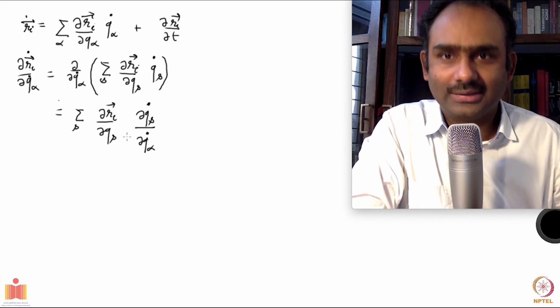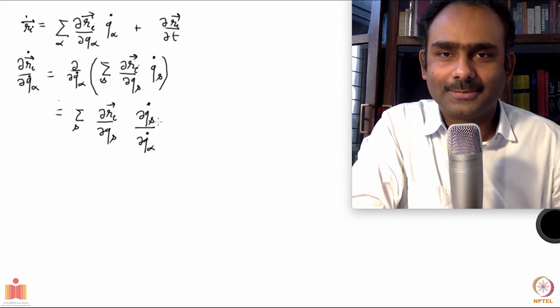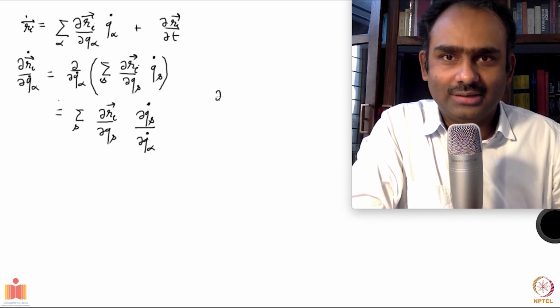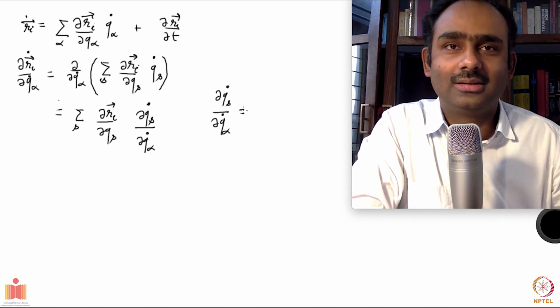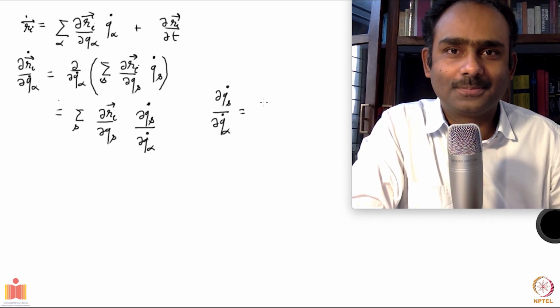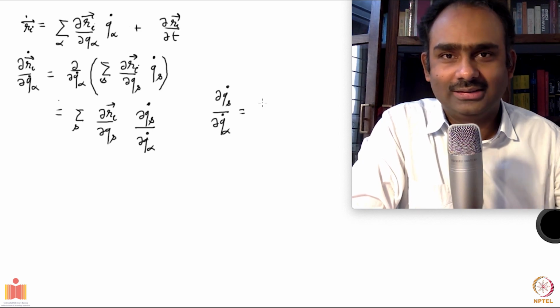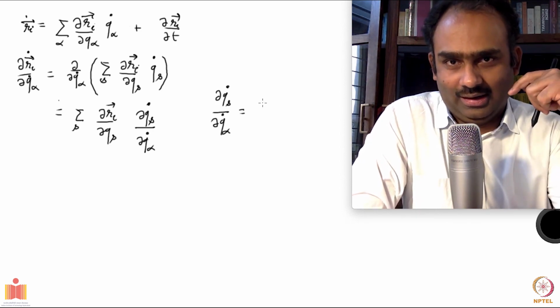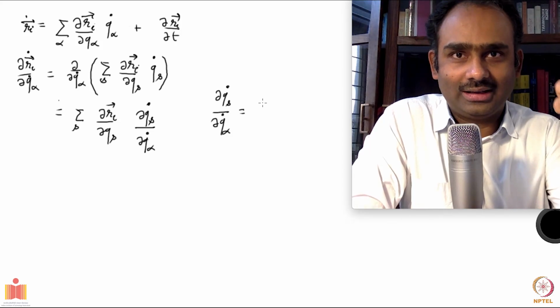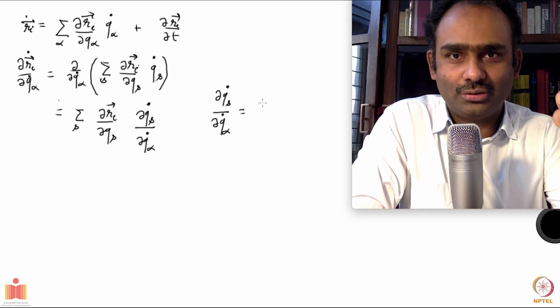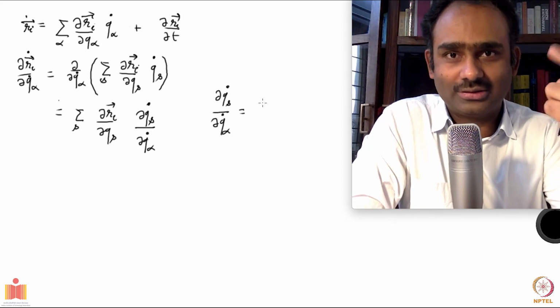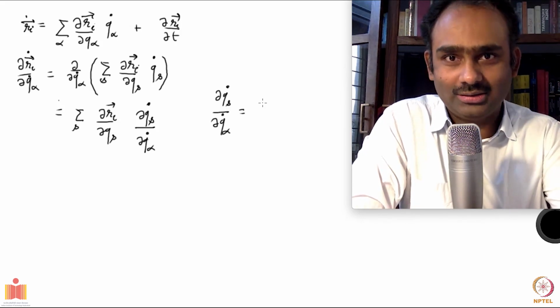Now look at this piece. What is delta Q S dot over delta Q alpha dot? What's your understanding? When S and alpha are the same, then the answer is 1.